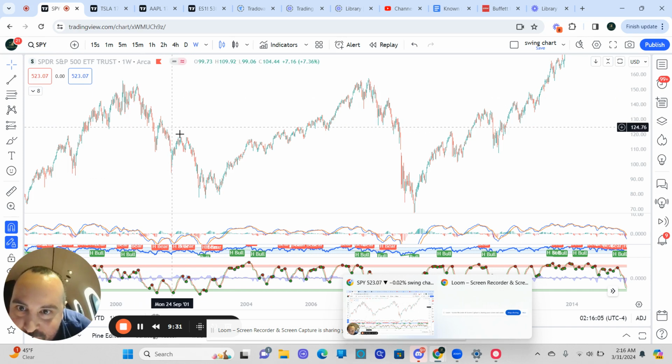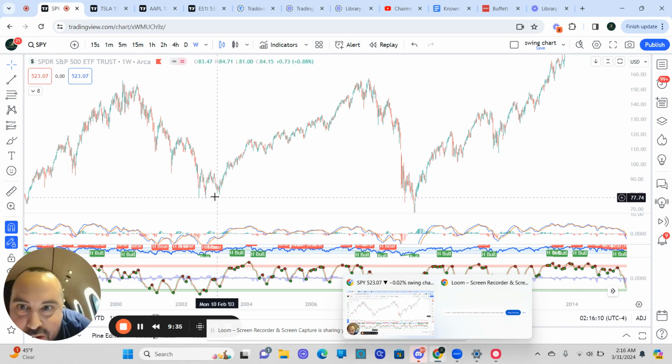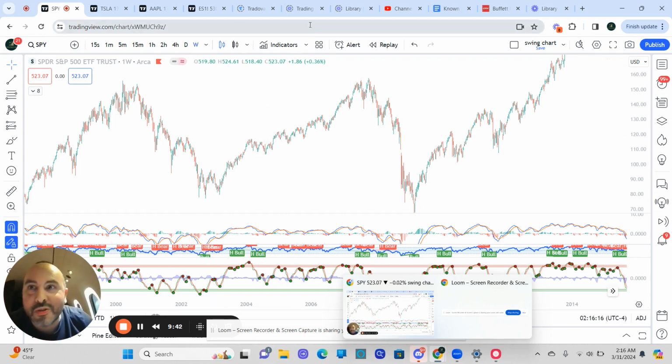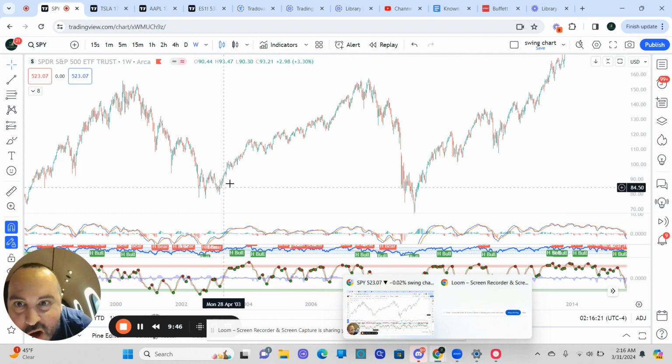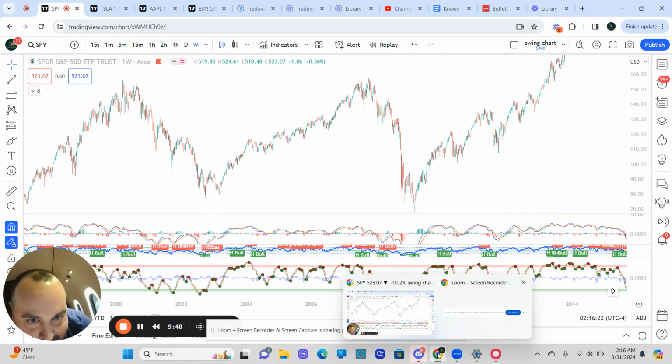And then we came all the way down, and we bottomed here around September-ish. When does it actually turn? Maybe March 2003, let's say. Because again, we're waiting for it to actually turn up. Let's look and let's see.